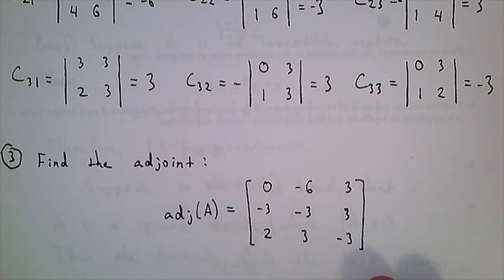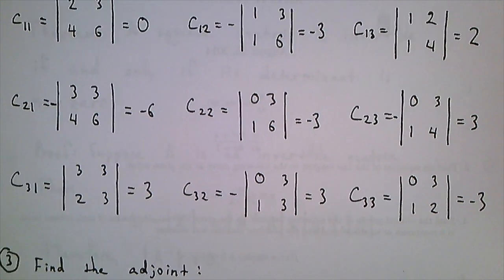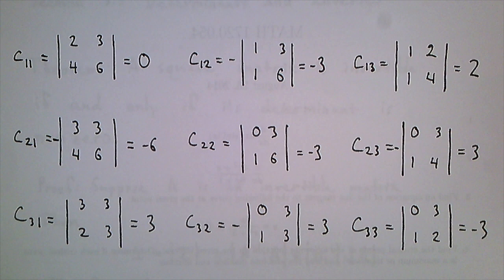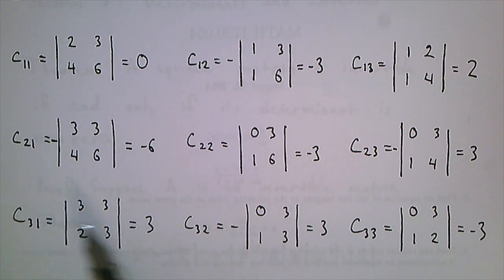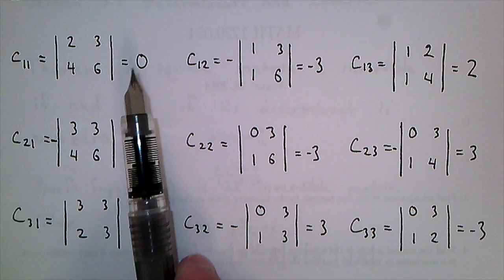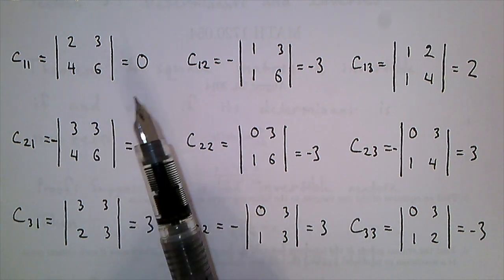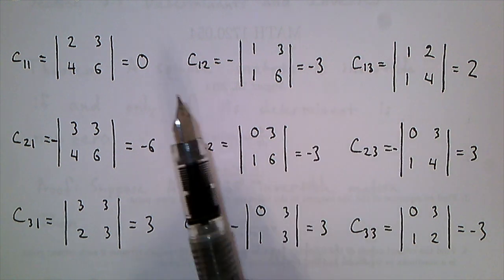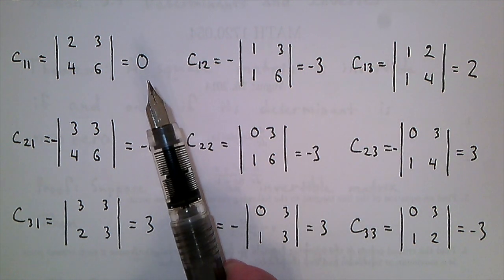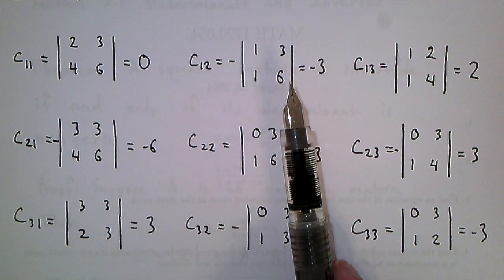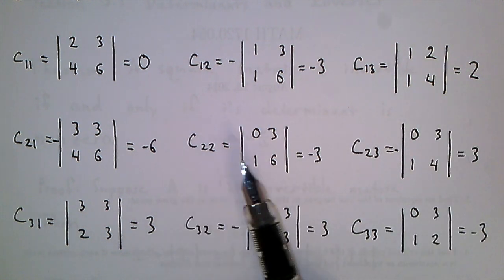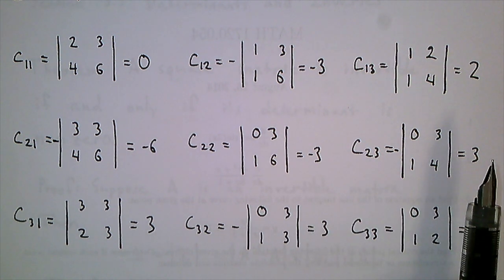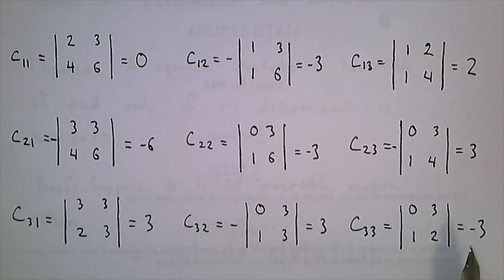So the way I've organized my computation here is that everything is in its usual position in the matrix. There's sort of a matrix of computations here. So what we're going to do is swap our rows into columns to get the adjoint. So 0, minus 3, 2 will go in the first column, minus 6, minus 3, 3 will go in the second column, and then 3, 3, minus 3 will go in the third column of our adjoint.